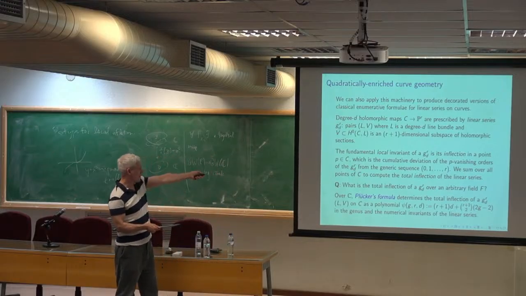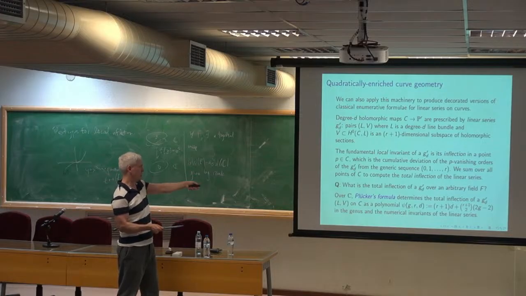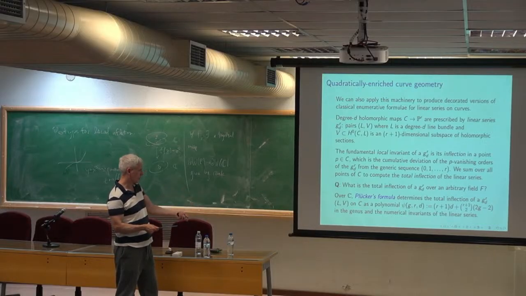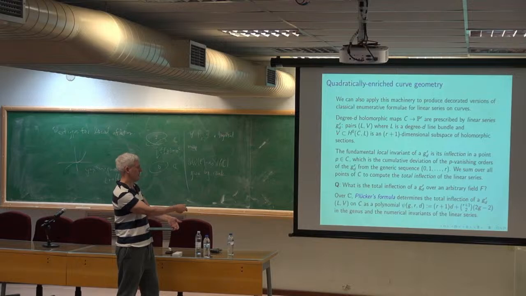So you can then sum over points, and you get a cumulative or total measure of inflection of your linear series. And there's this famous formula due to Plücker from the late 1800s that determines the total inflection of a linear series on a smooth curve of genus g as a polynomial in g, the rank, and the degree, which is this formula that I put at the bottom.